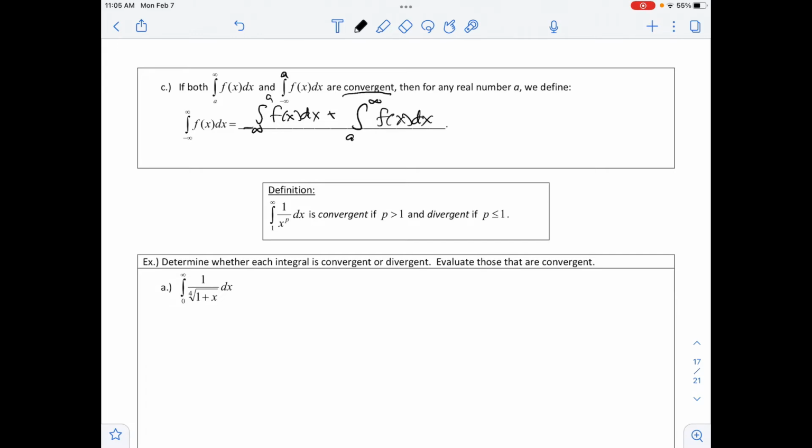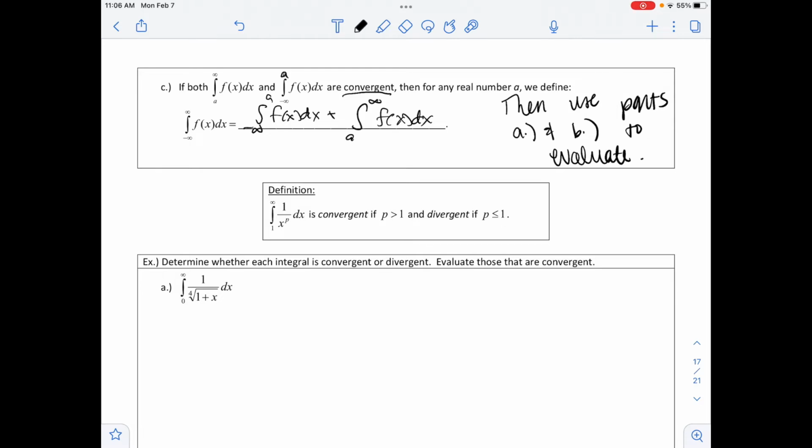So in order to evaluate this, we're going to use parts A and B that we did on the previous page.